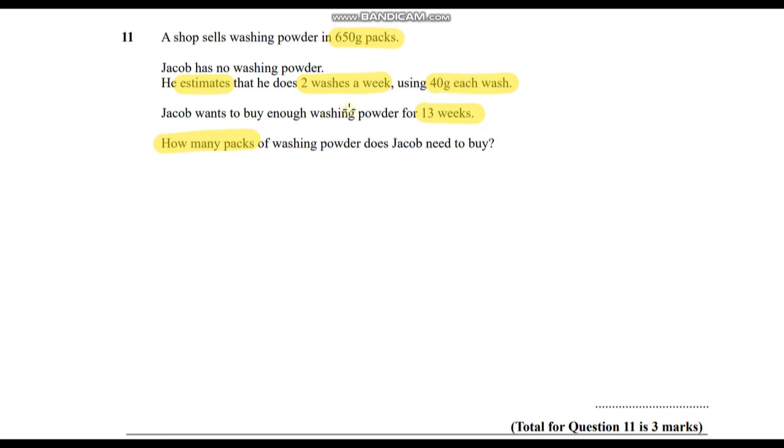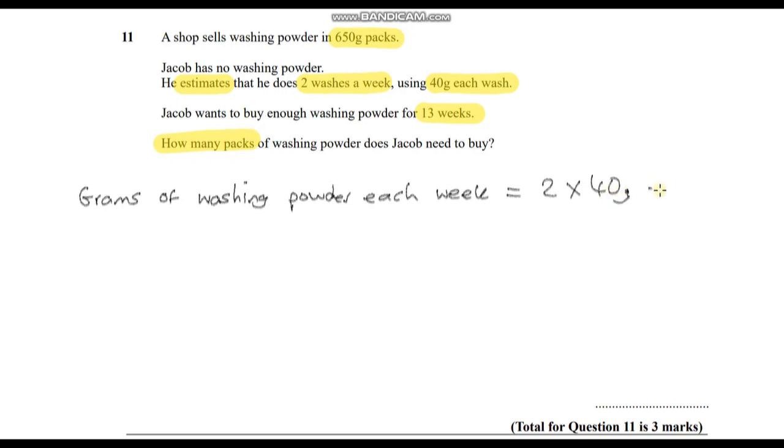So to work out how many grams of washing powder he needs each week, well, if he does 2 washes per week and each wash uses 40 grams, we're just going to do 2 times 40 grams, and that gives us 80 grams. So he needs 80 grams per week.